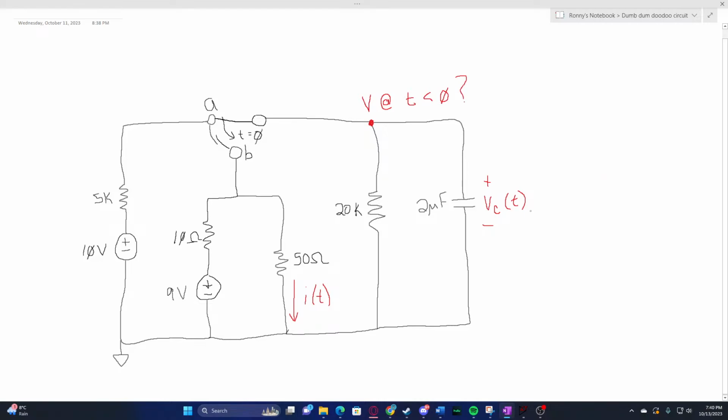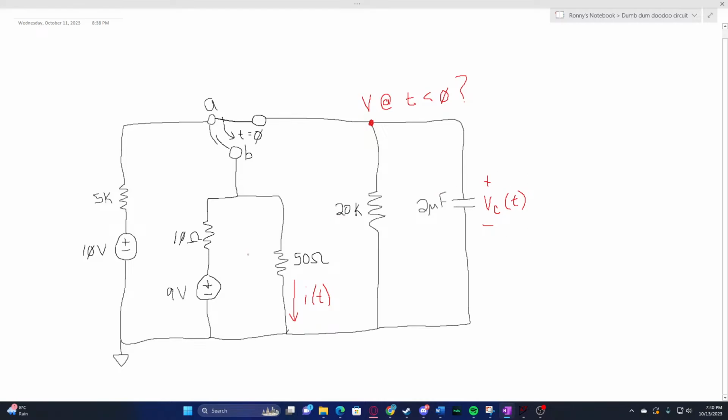To do that, in my mind, I'd be thinking, okay, if the switch is at A, what you have is this part of the circuit. There is a complete circuit right here, so there is something happening here, but I'm more concerned about this capacitor and what the voltage here is doing.